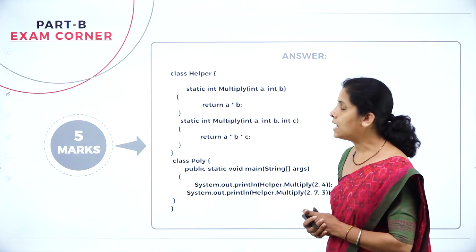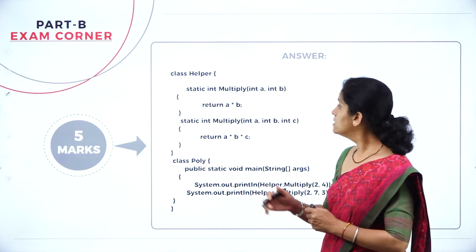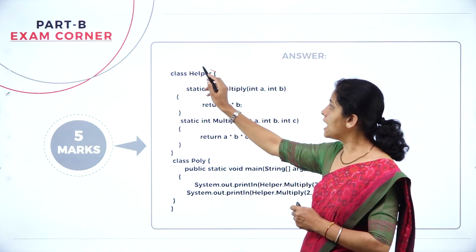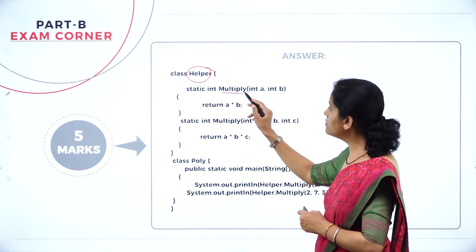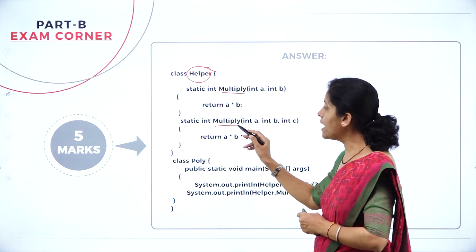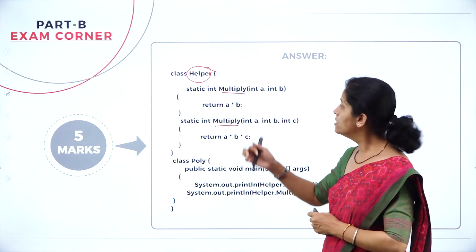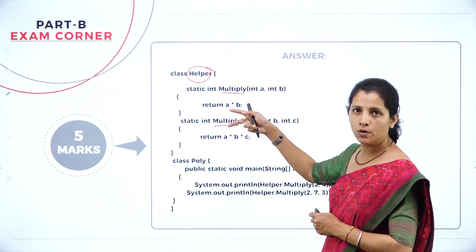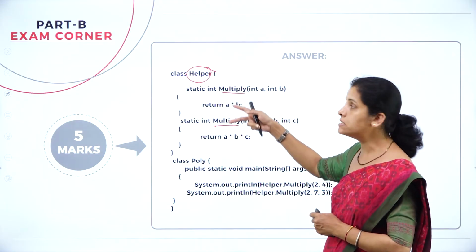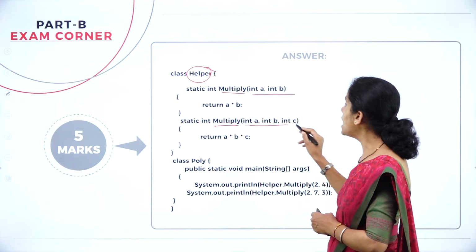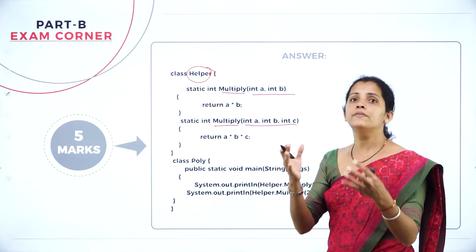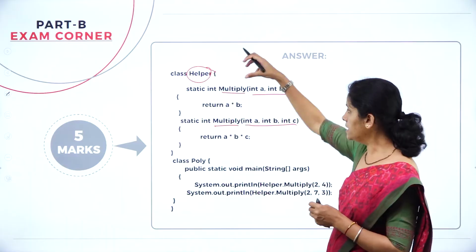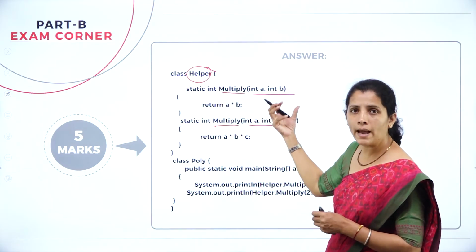Okay, fine. Now, dear student, see here, I have a class called Helper. I have multiply here, and here also I have multiply. So the method name is the same, but the parameters are different. Single method name, different parameters.